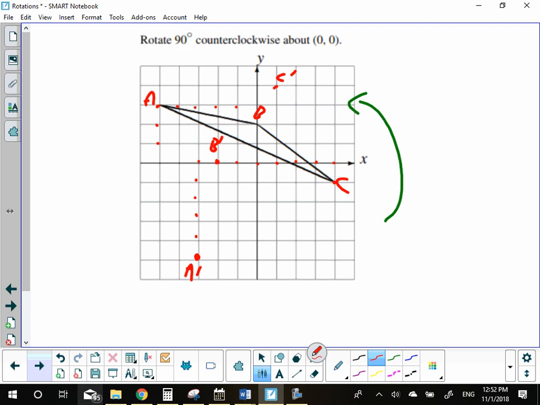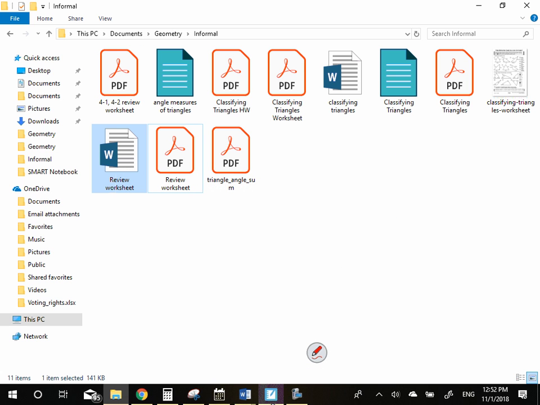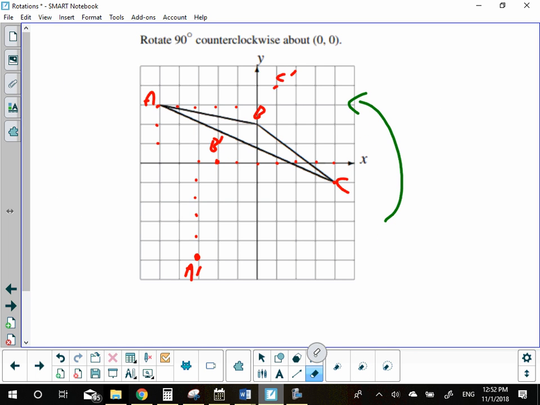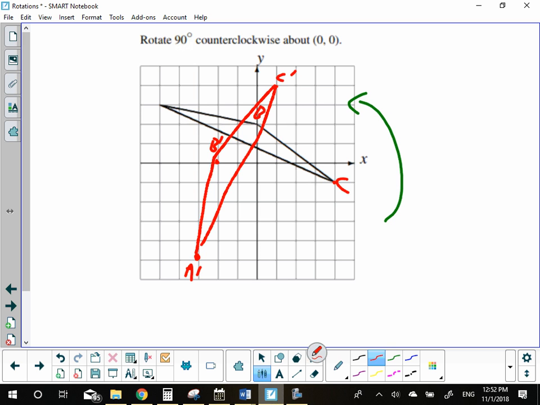And then you connect your dots from there. So you draw your new triangle. That's what your triangle now looks like, 90 degrees.